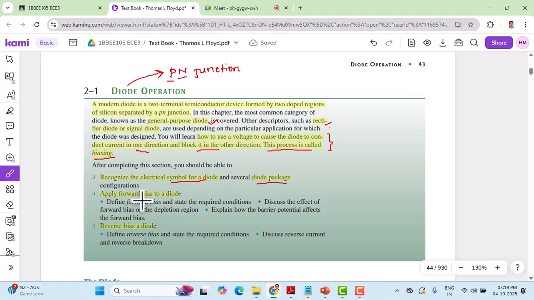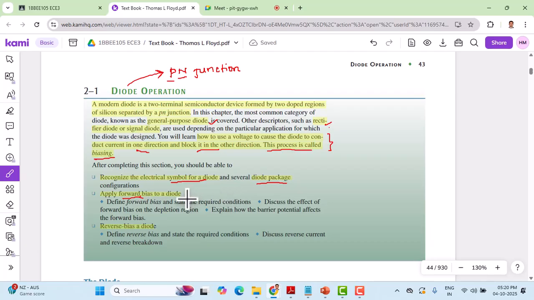Here we just explained what we mean by bias, but later on we are going to explain in detail how to forward bias the PN junction or diode, and how to reverse bias it, and what currents flow in the forward biased diode.